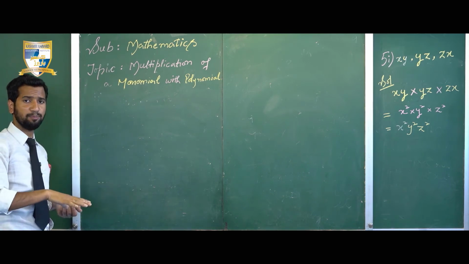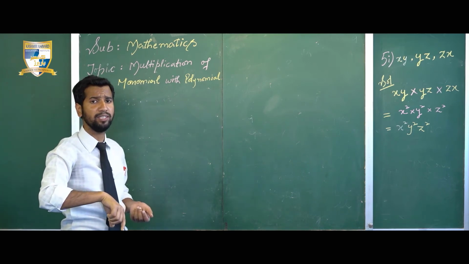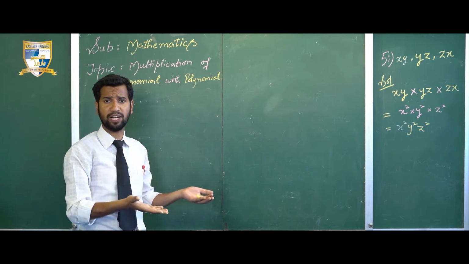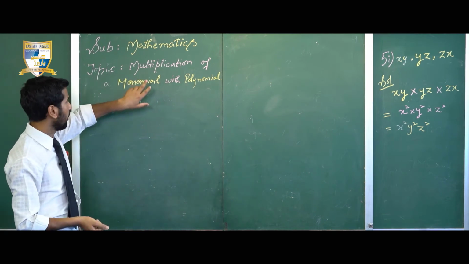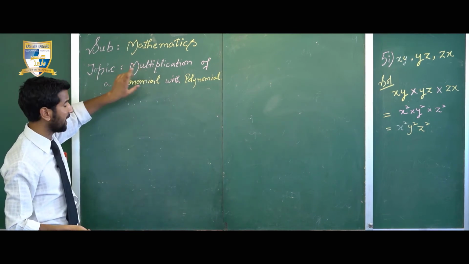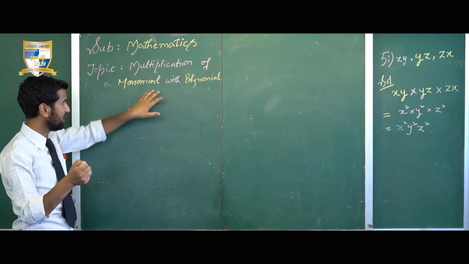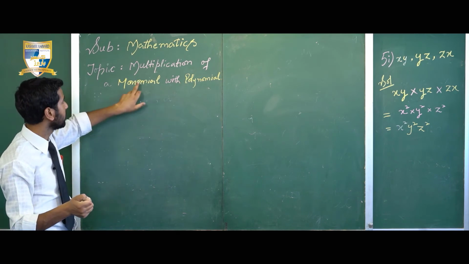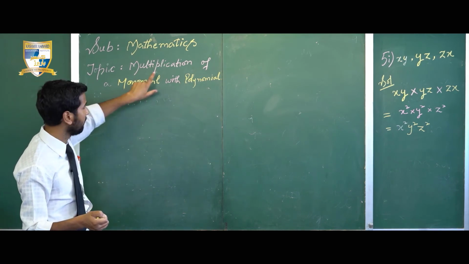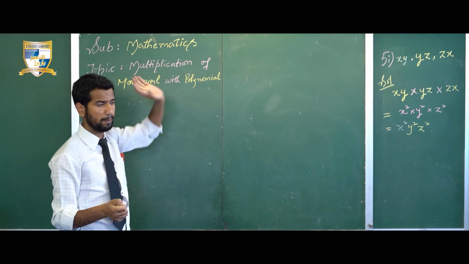So in exercise 9.1 we learned how to add and how to subtract, and in exercise 9.2 we learn about how to multiply two monomials, and now in exercise 9.3 we are going to learn how to multiply a monomial with any n term polynomial.